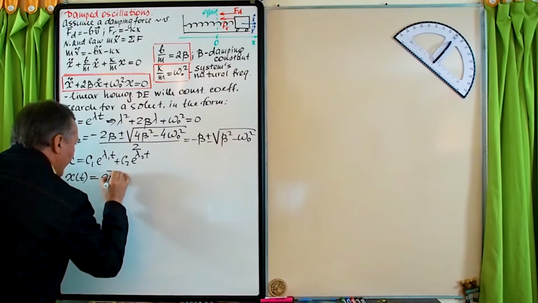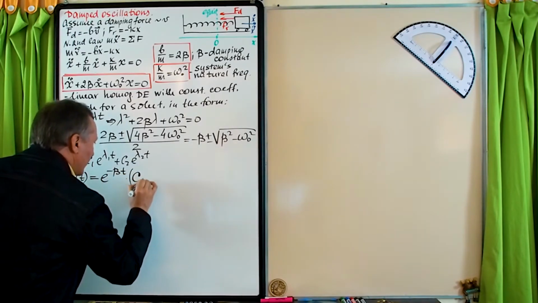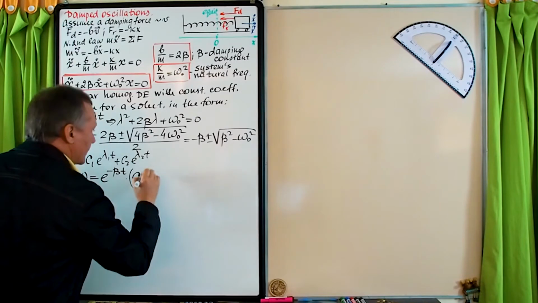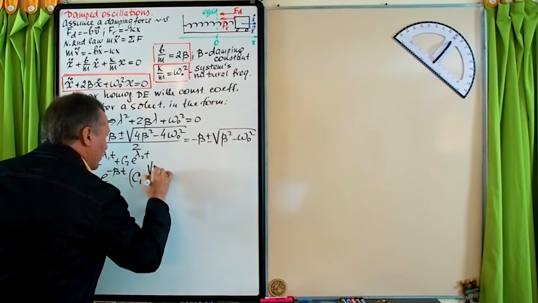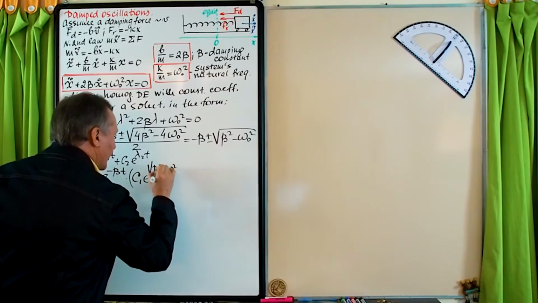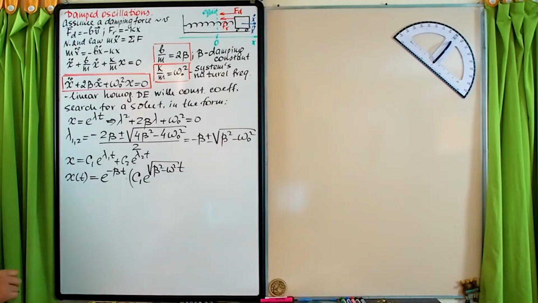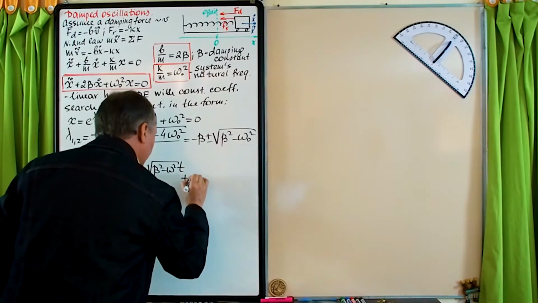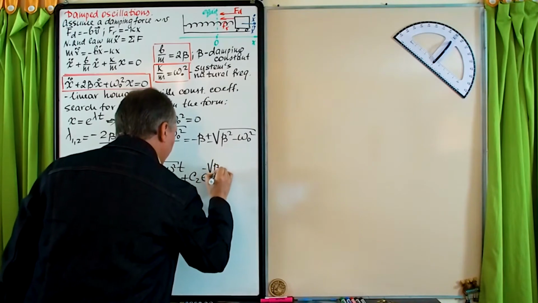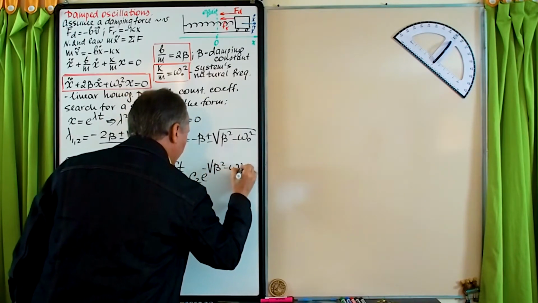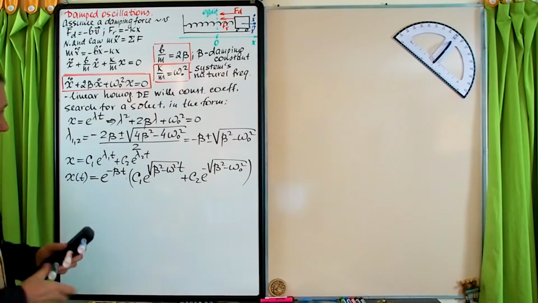And inside, we're going to have C1 e to the power of, first, positive, square root of beta squared minus omega naught squared times t, so lambda 1, and then plus C2 e to the power of lambda 2, minus the square root of beta squared minus omega naught squared t. Yep. So that's the solution.